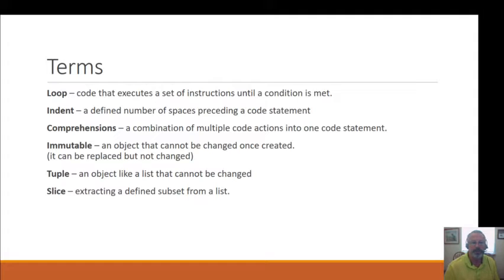So the indent: in Python, we are using indenting to show where the beginning and the end of our for loops or our statements are. In Java, you use the curly brackets.